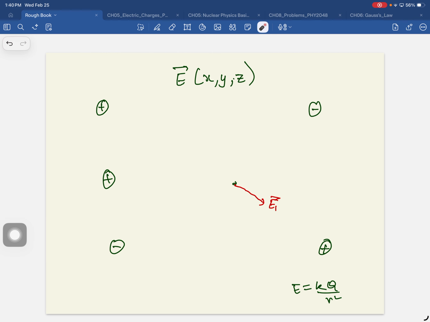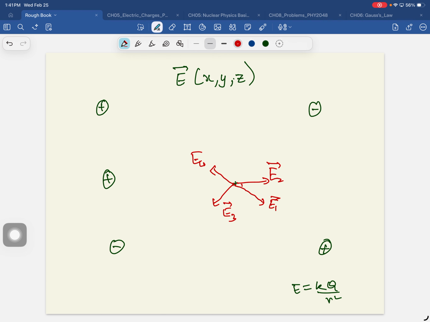Due to this guy, it'll be in this direction, E2. Due to this guy will be in what direction? In this direction, E3. Due to this guy will be in that direction, E4, and due to this guy in this direction, E5.